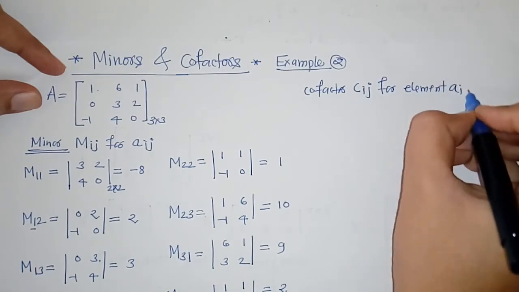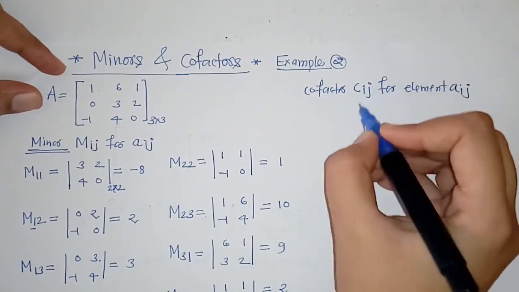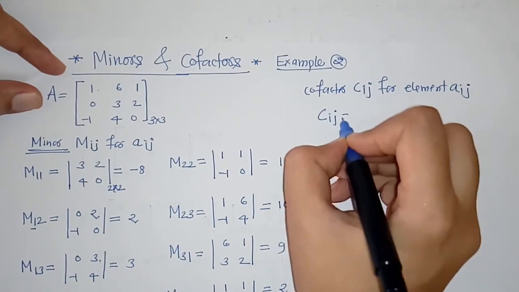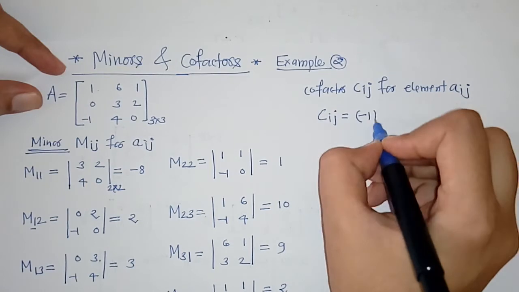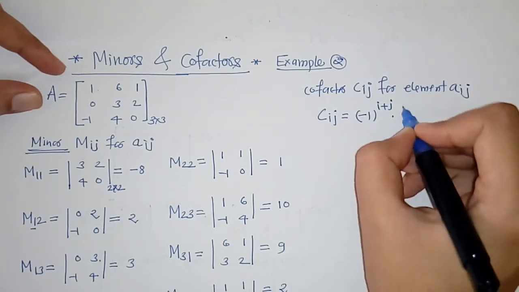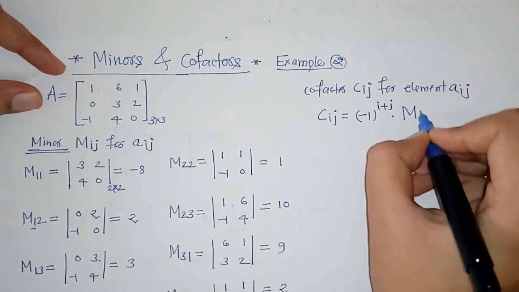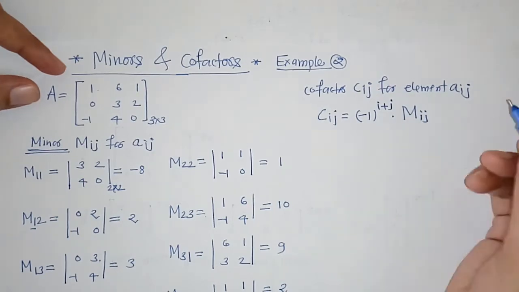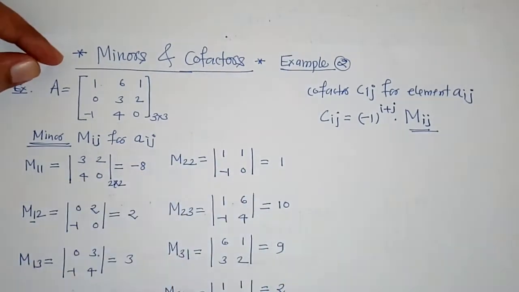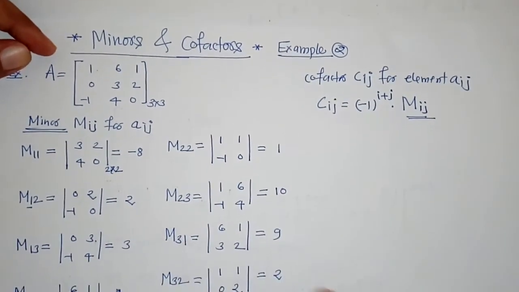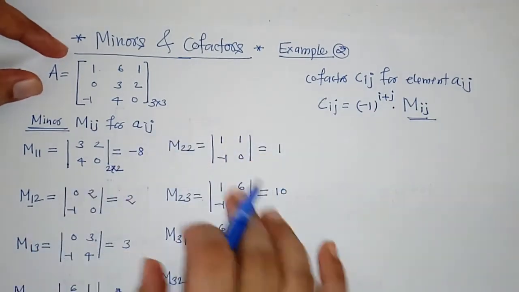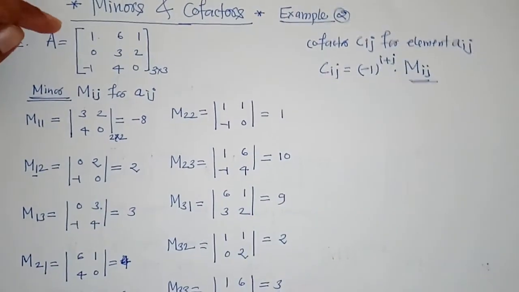And we know how to find C_ij by using this formula: minus 1 raised to i plus j, into the minor of that element. We have found all these 9 minors, so we have to find all cofactors for all these 9 elements.